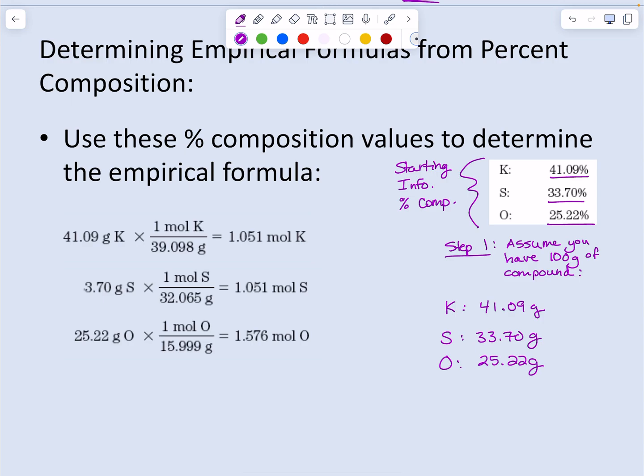Then step 2 is, again, to figure out how many moles of each of those elements is there. How many moles of each element? In this case, we're going to use the molar masses from the periodic table.